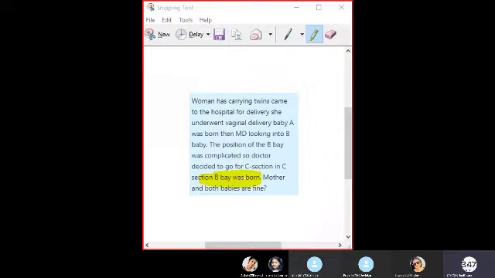So now, the answer: how many codes? Shweta, you can explain your answer. Why did you give that? Sir, I gave two codes for two babies.